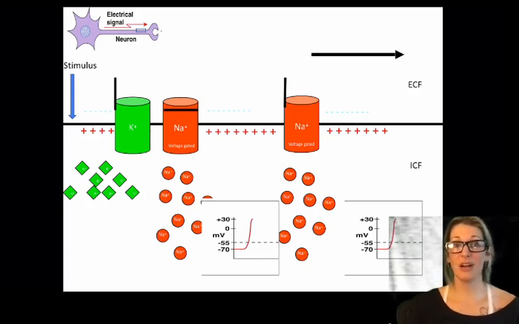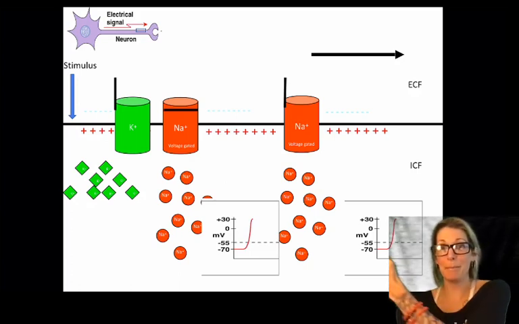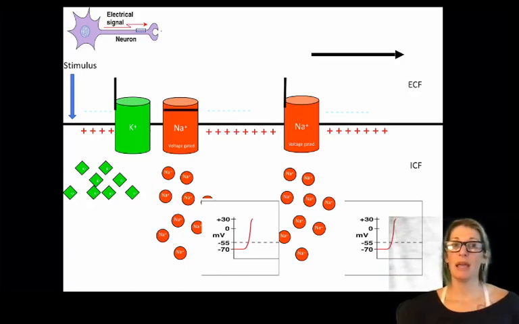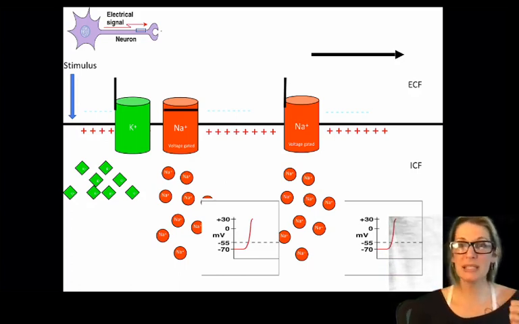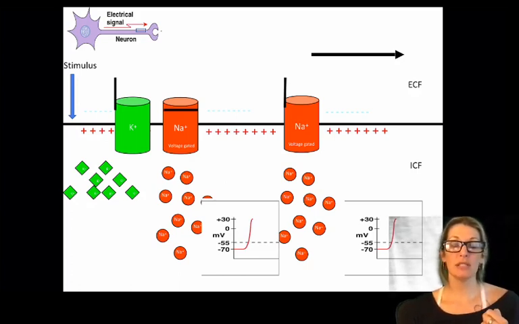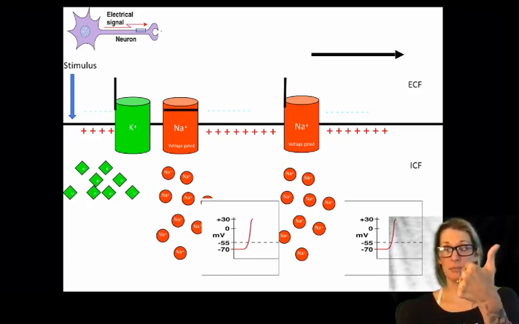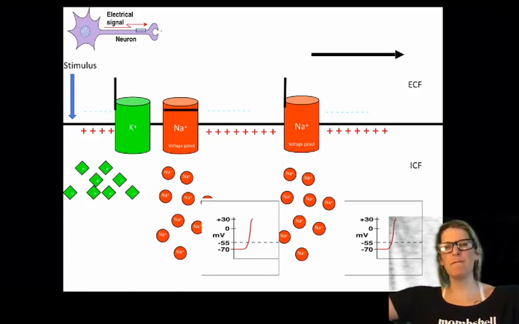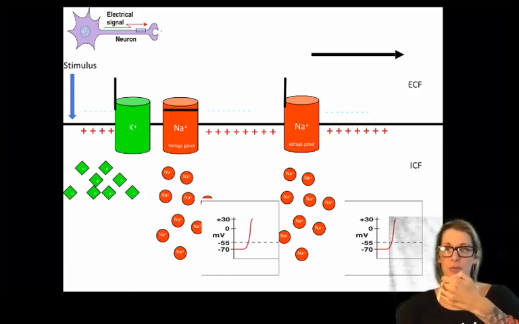Meanwhile, we've got our sodium channels popping open. And right behind them, a little bit slower, are our voltage-gated potassium channels. So sodium channels, in response to the change in voltage, they open fast, pop open. Okay, they pop open, sodium floods in, they close.